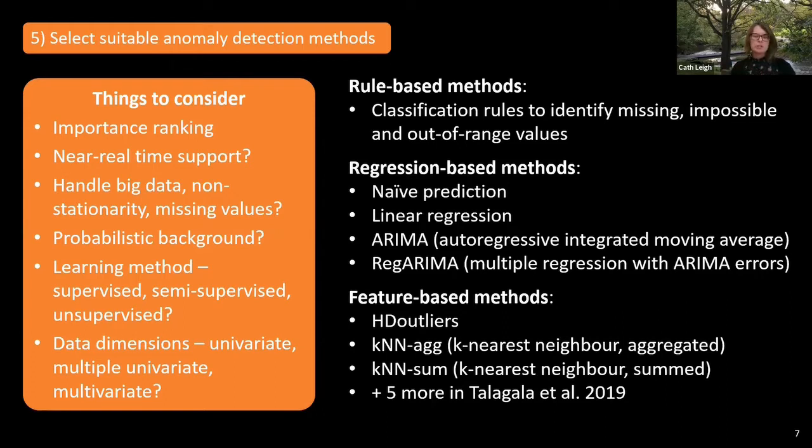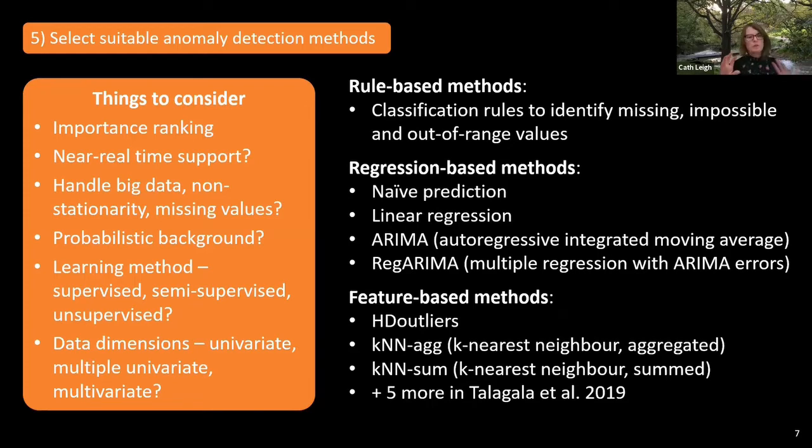In terms of the regression-based method, we trialled a few to see how they'd work. Regression-based methods were using forecasts to forecast an observation based on either the previous observation, the naive prediction, or a set of previous data to forecast the next one.